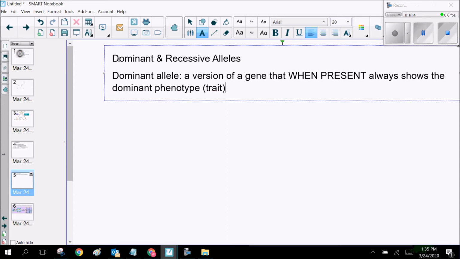If you remember, the genotype is what genes you have, and the phenotype is what you look like. We talked about this during evolution. Natural selection acts on phenotypes, which are the traits organisms have or their characteristics.